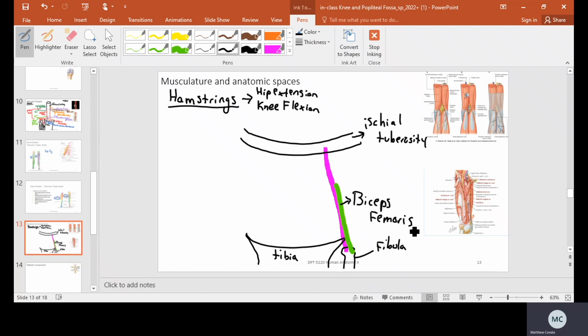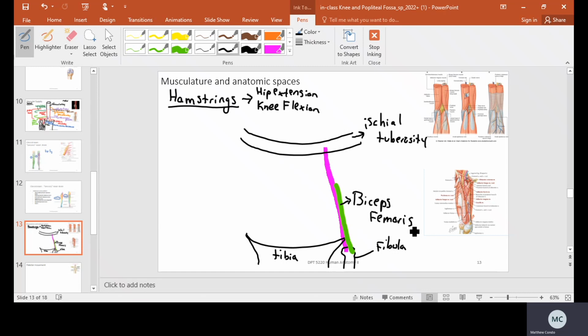Here's what you have to think about. We already talked about the fibula being a non-weight bearing bone. We're cool with that. If my patient has a fibular head fracture, is it possible that they're also going to have biceps femoris problems as well? Yes, it is.